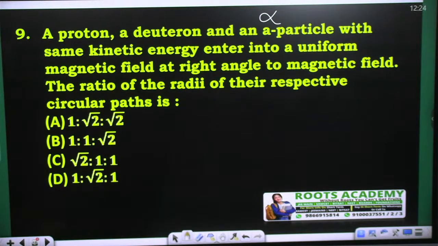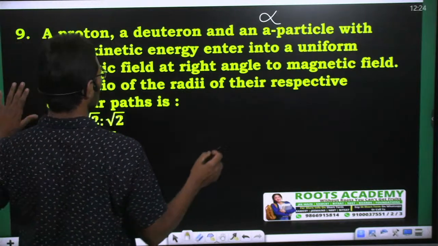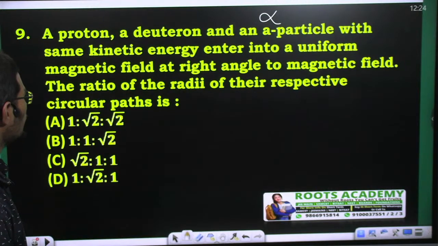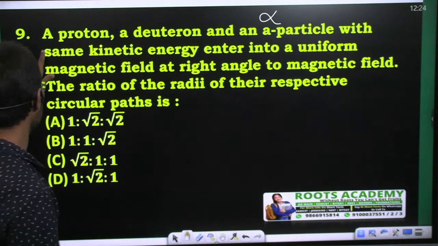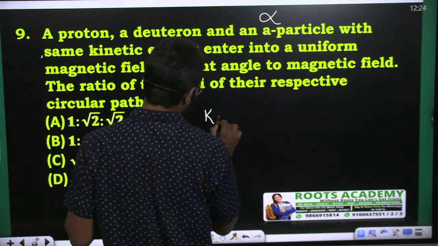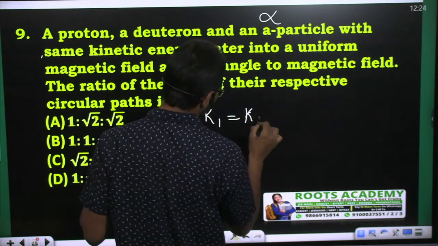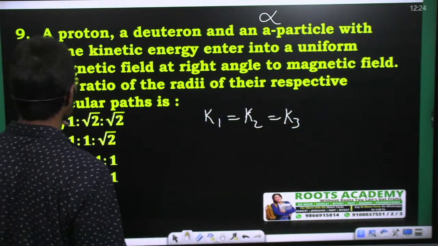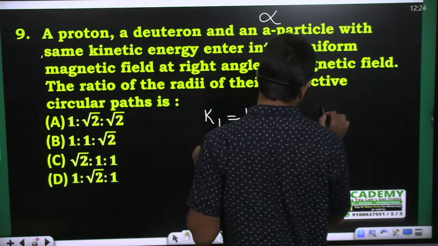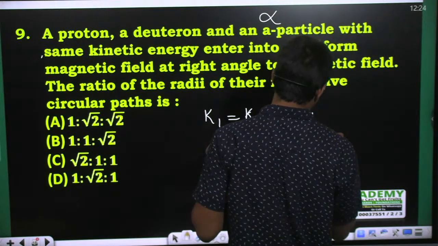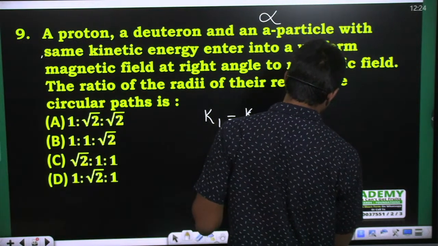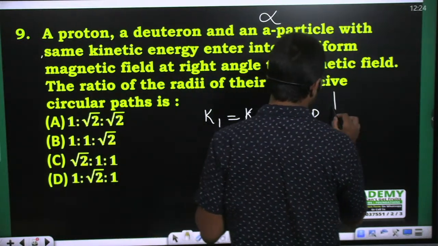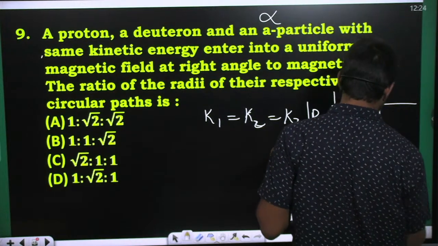As we all know, the given condition is that they have the same kinetic energy. K1 is equal to K2 is equal to K3. This is a given condition. First let us look at the properties of proton, deuteron, and alpha particle, their mass and charge.